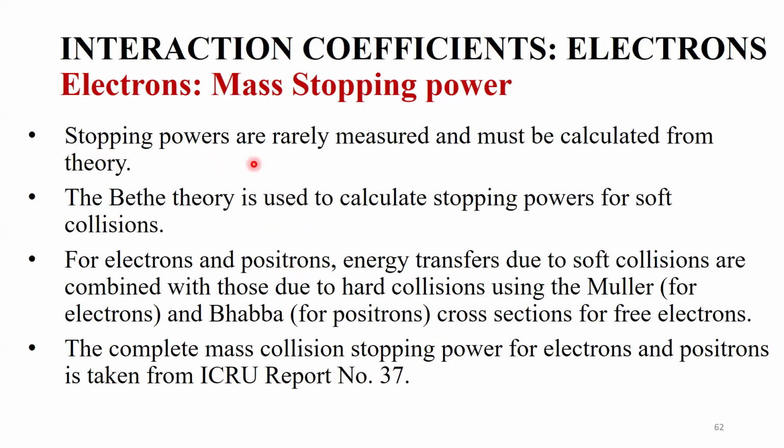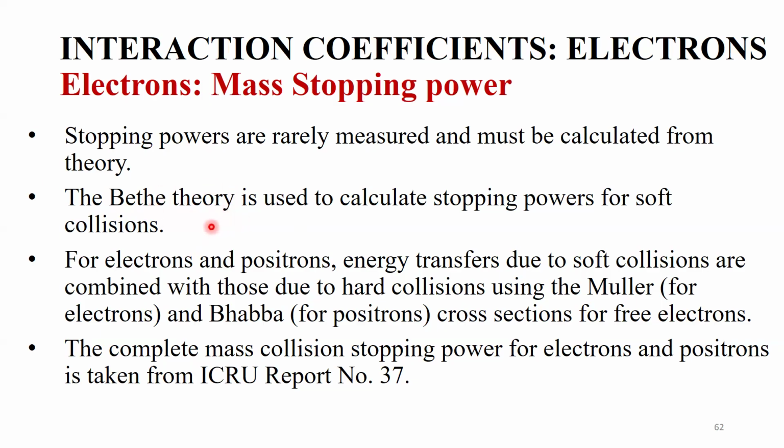So stopping powers are rarely measured and must be calculated from theory. We cannot measure these quantities. We can calculate them. This is the first point. The most commonly used theory to calculate stopping power is called Bethe theory.